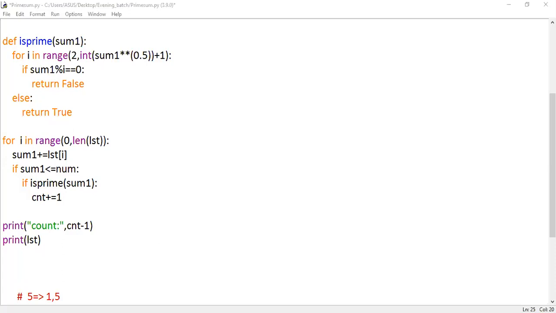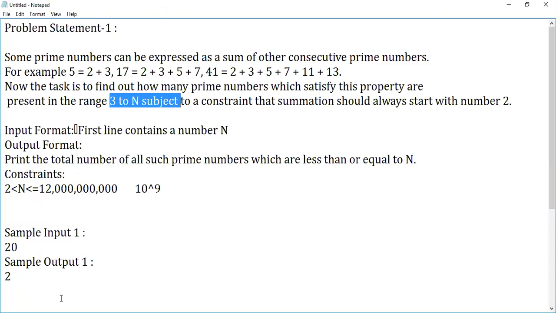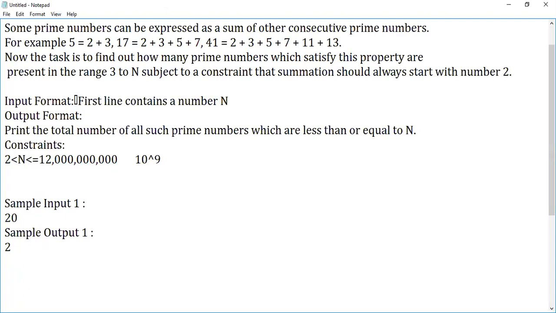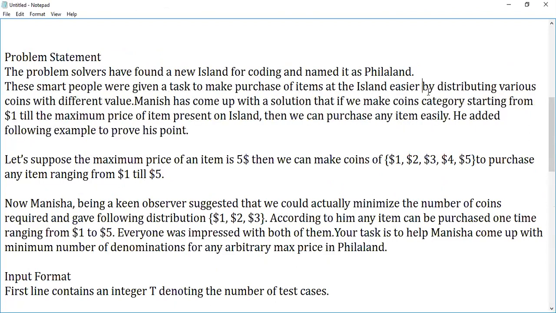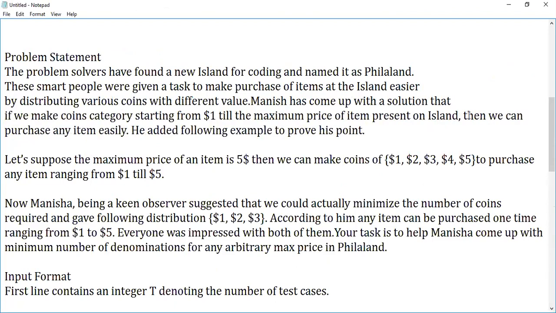We have a lot of questions like this. Just a minute. I'll share the question part. Here it is. This is our second question. Just go through it. Let me have an alignment and I'll come back.